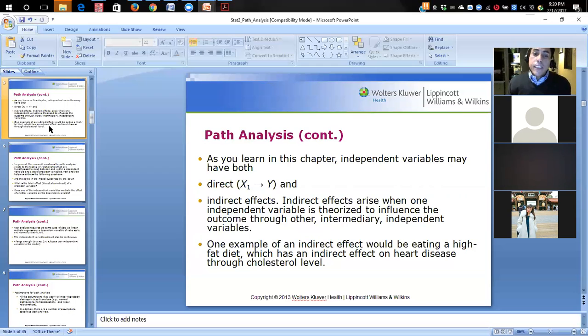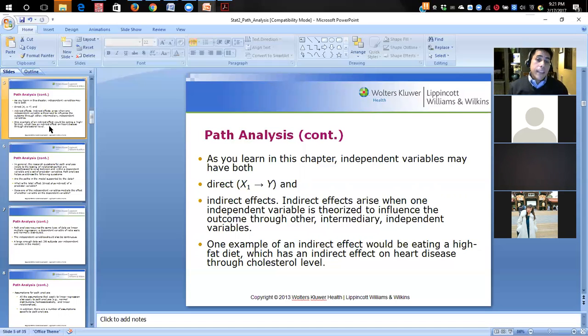But what about indirect effect? Because this is what path analysis is all about. It's beyond doing traditional regression analysis, where we plug in a model fit and calculate the slope and the intercept of all the independent variables that lead to the dependent variable.